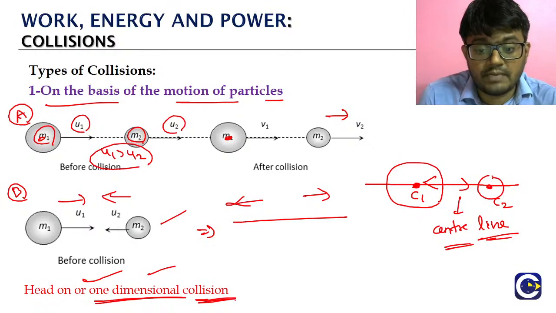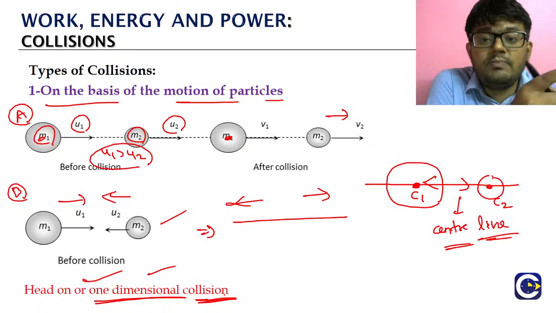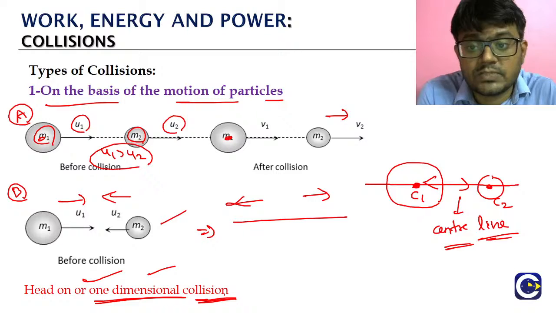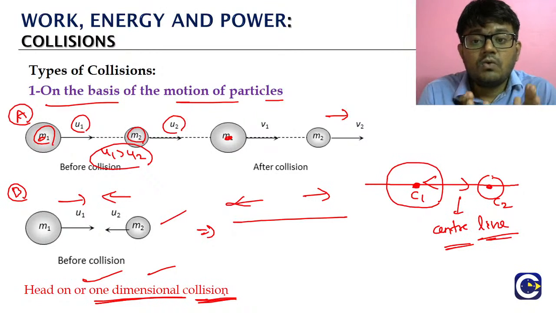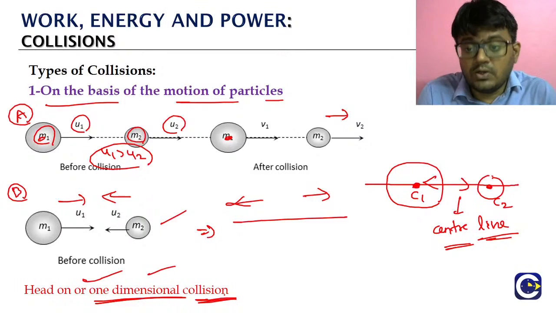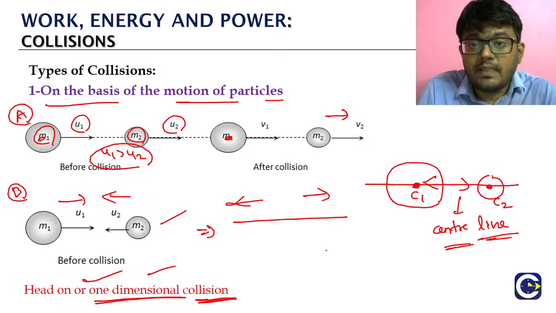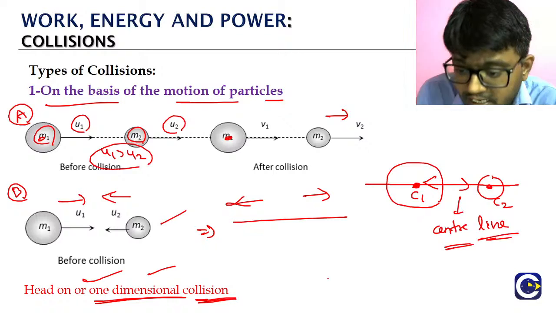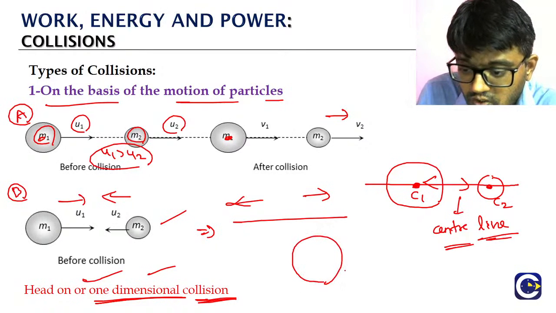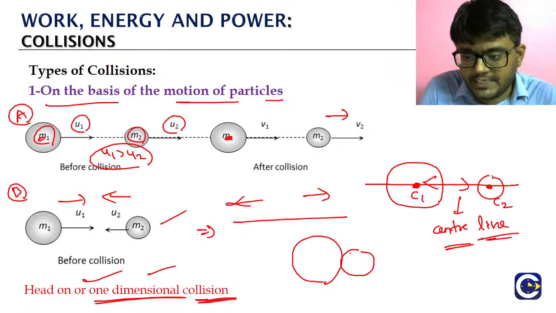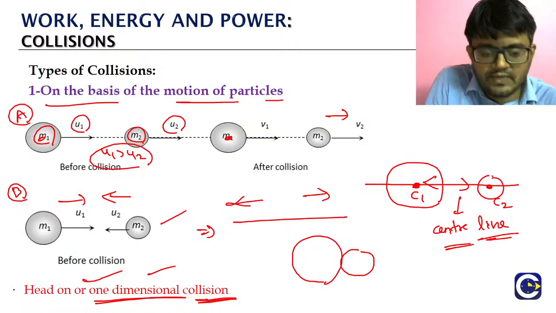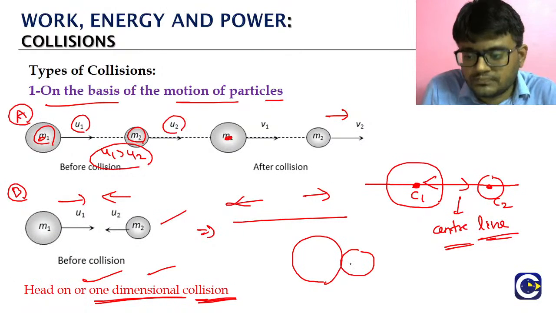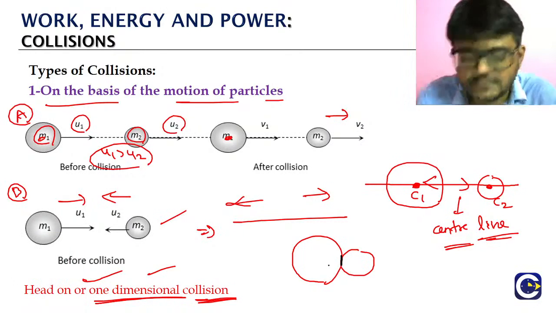Why are we using the word one-dimensional? Because all the velocities will be in the same straight line. That is why we call them one-dimensional collisions. There is one more thing that we need to look at, particularly for the head-on collisions. If you look at the actual collision, when it is about to collide, the surface of object 1 and the surface of object 2 will be having a contact.